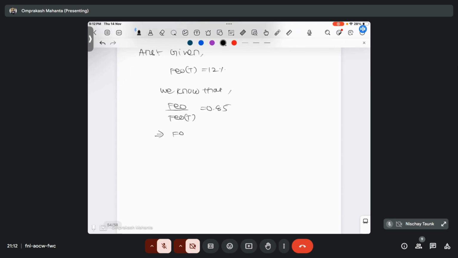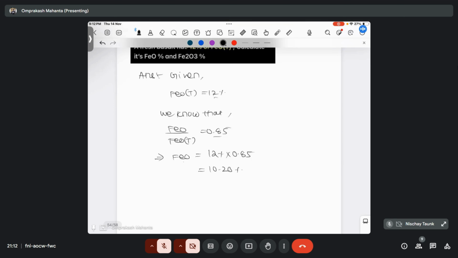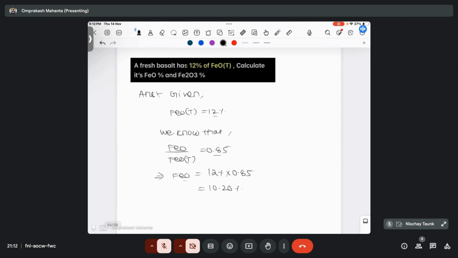So what will be the FeO value? FeO total, 12%, into 0.85. But it is not the actual FeO value. It came around 10.20%. Actually the FeO total is 12, and we got the remaining FeO as 10.20.